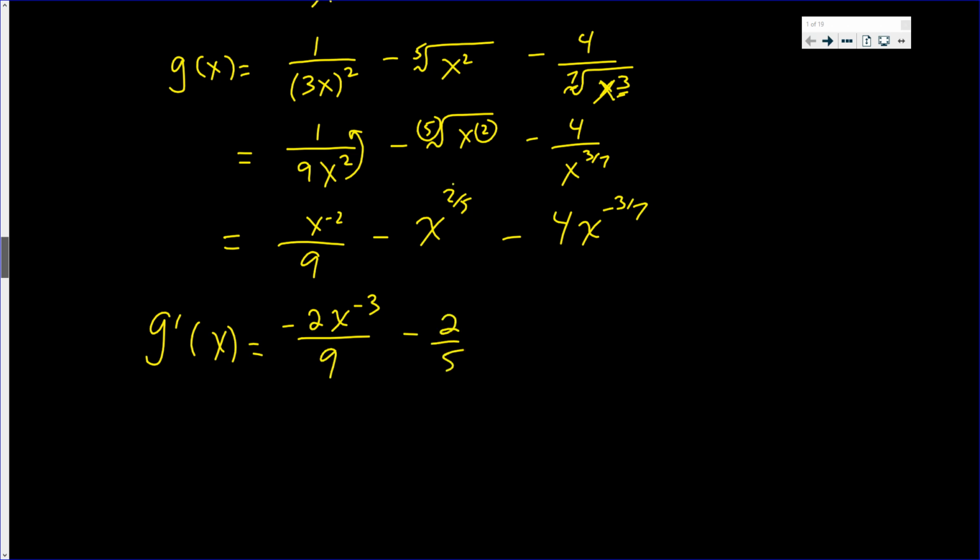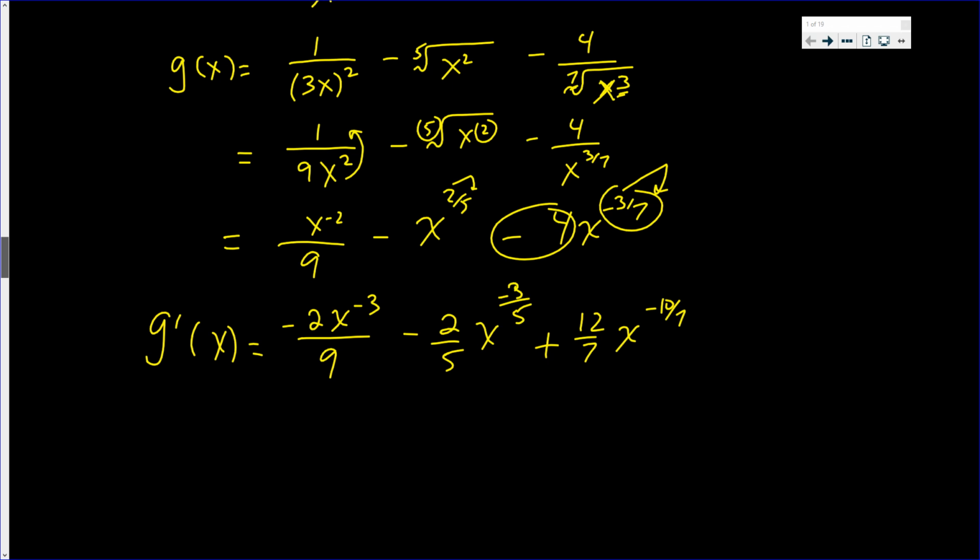When you take away 1, you do 2 minus 5, which is negative 3 over 5. Minus, you bring down this power, multiply it by negative 4. You get plus 12 over 7, x to the, well, you want to take away 1. Negative 3 minus 7 is negative 10 over 7.